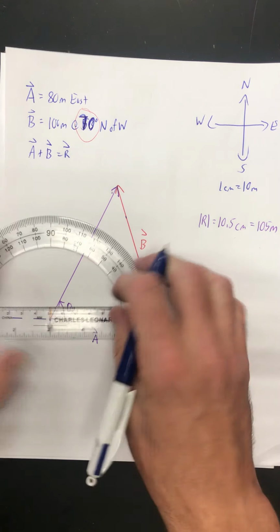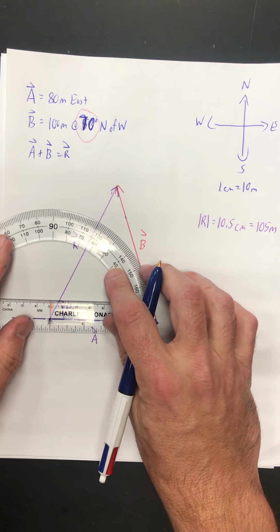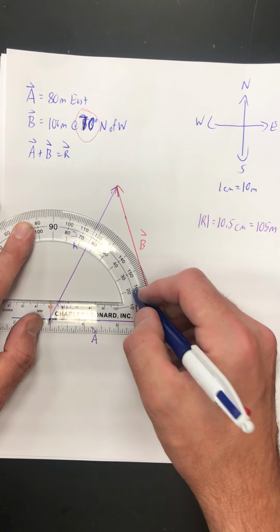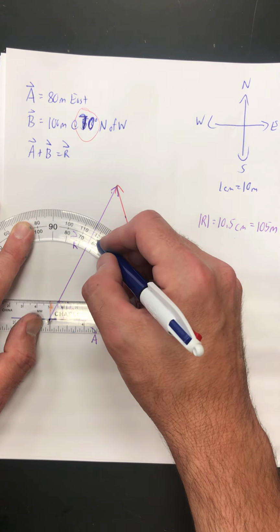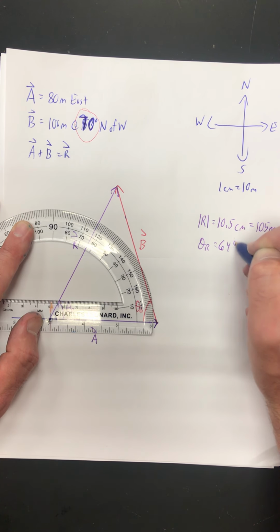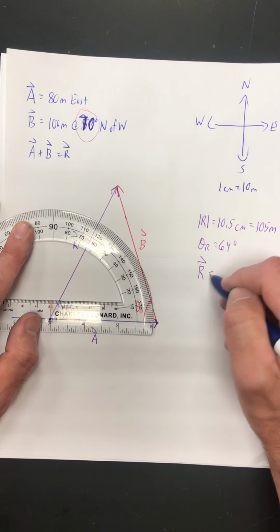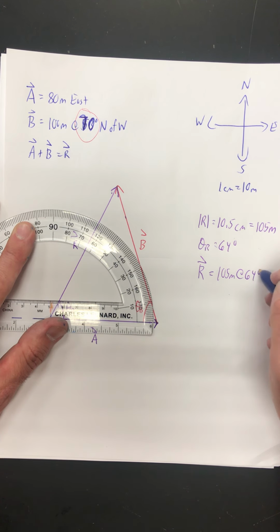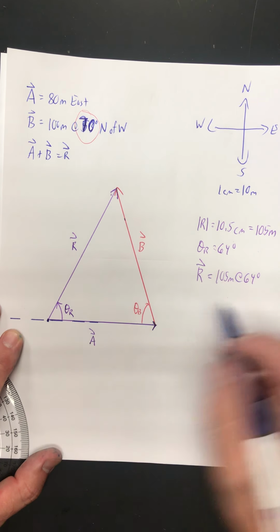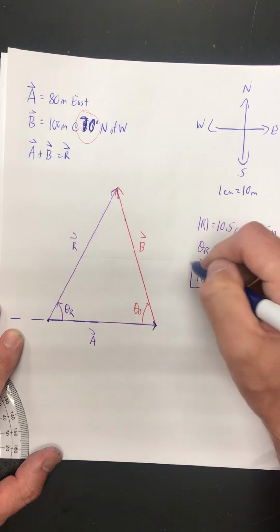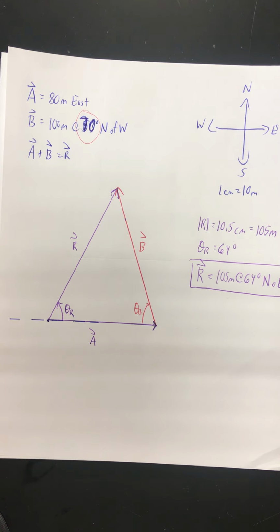Okay, now I'm going to measure my angle theta R, and it looks like it's 10, 20, 30, 40, 50, 64. So theta R is 64 degrees. Therefore, vector R is 105 meters at 64 degrees, and this is going northward of the east line. Boom, my graphical method.